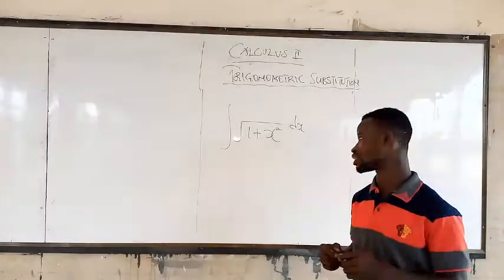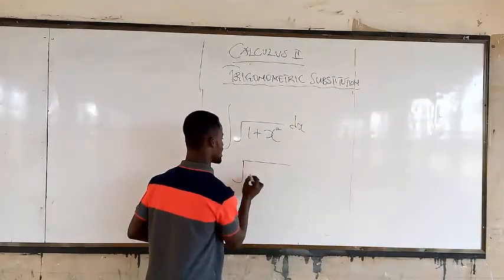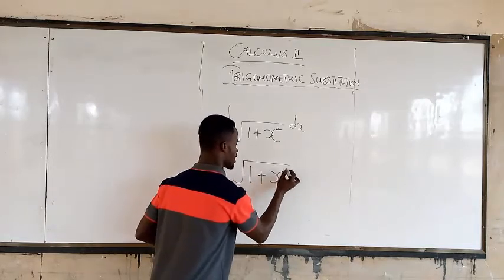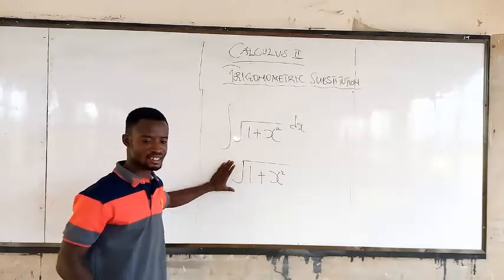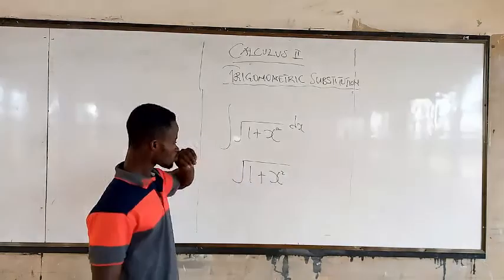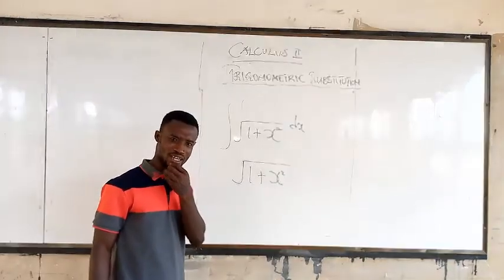In what way? Having this, we can write this as the square root of 1 plus x squared. And this 1 plus x squared is representing something.